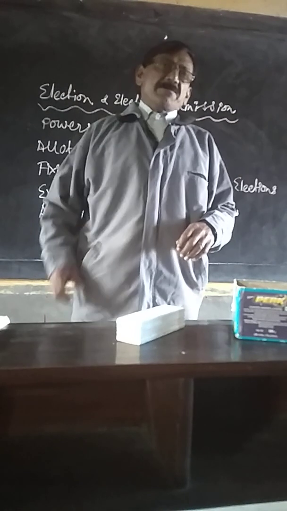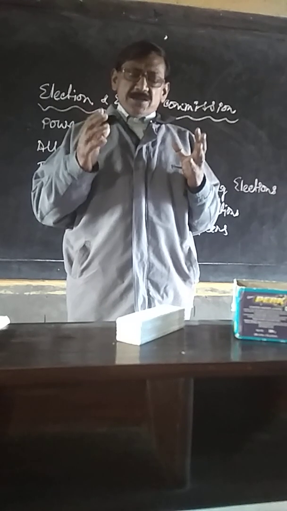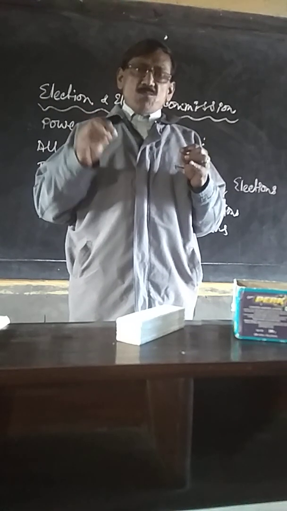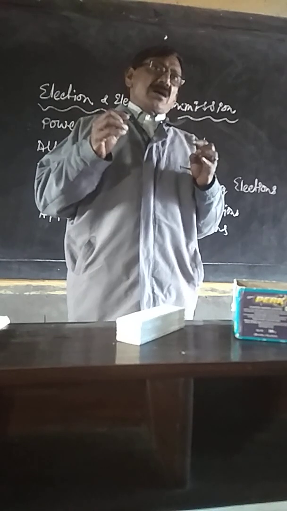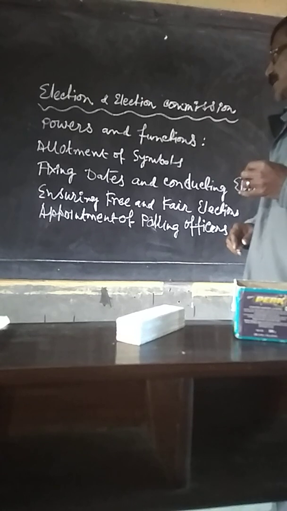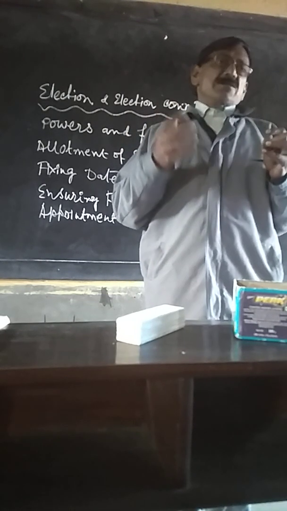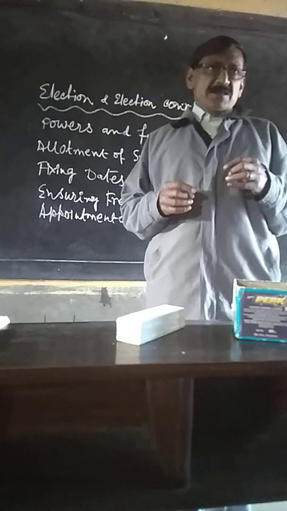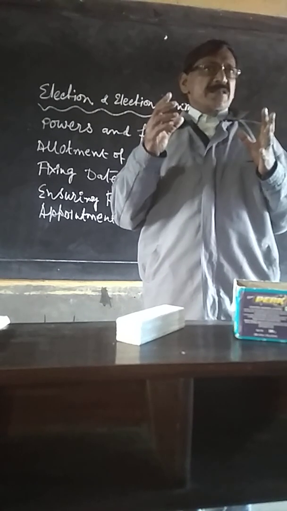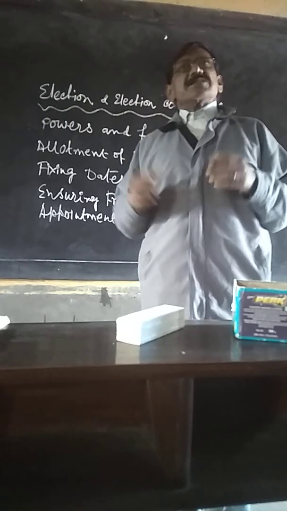The election commission shoulders one of the most important responsibilities, that is allotment of symbols. Each political party has its own symbol, and the symbols are chosen by each and every political party, and these symbols are recognized by the election commission.